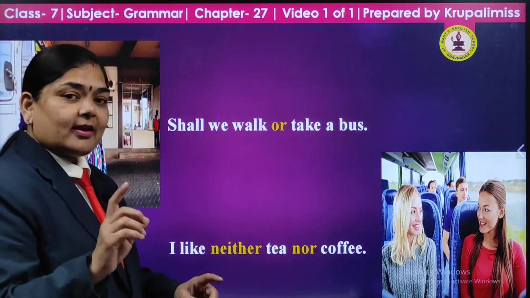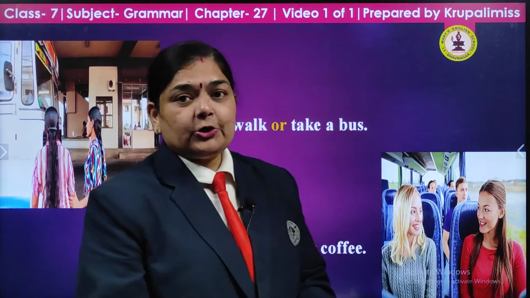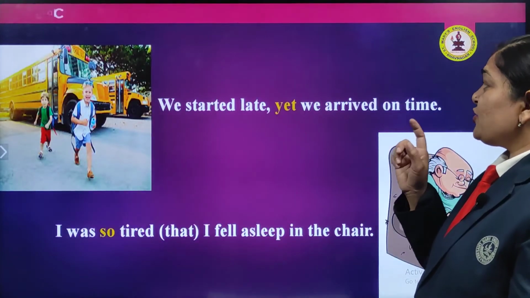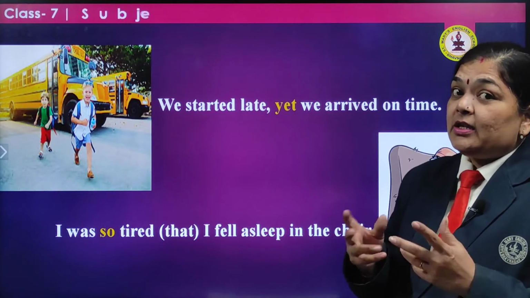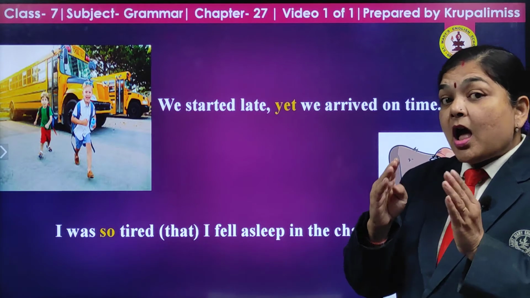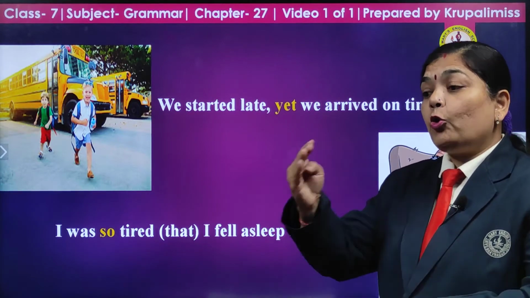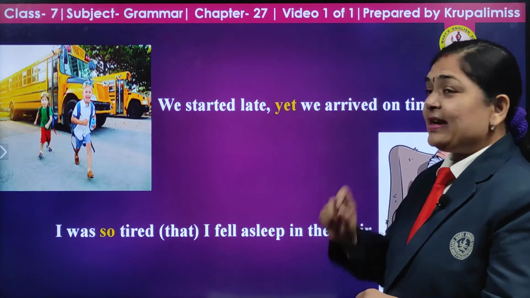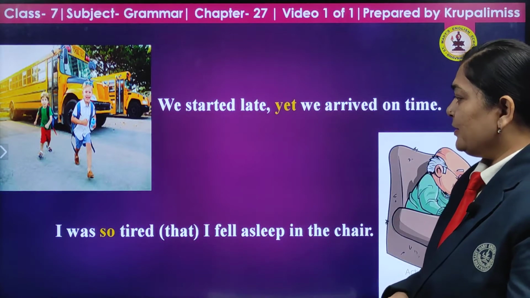Understood children? Come on. Now, let us go to the next example. We started late, yet what happened? We arrived on time. After starting late also, we arrived on time. So yet is used over here.